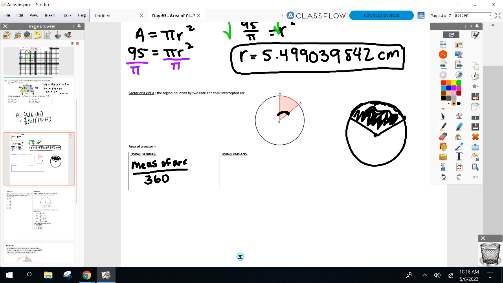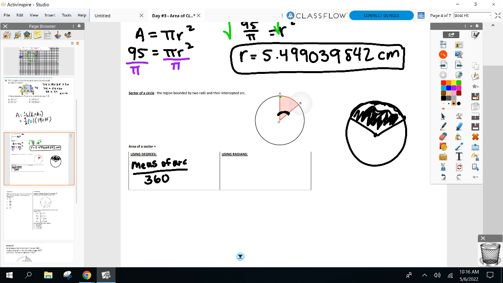Anybody remember from last unit? That was the start of what formula as well? Measure of the arc over 360 was the same way we started the formula for arc length.